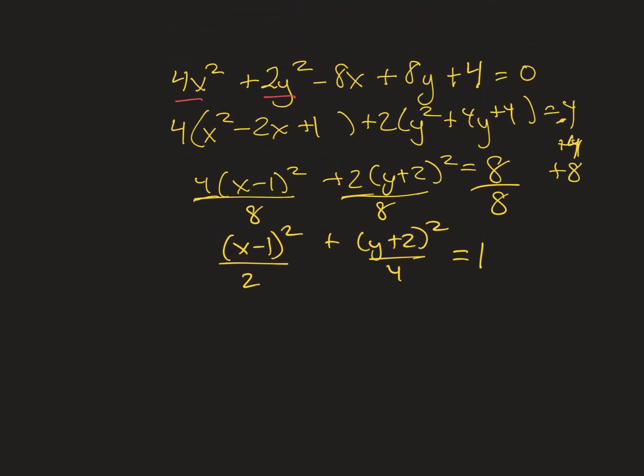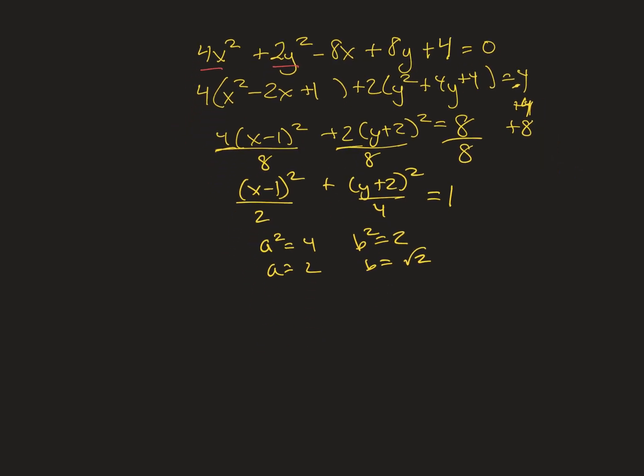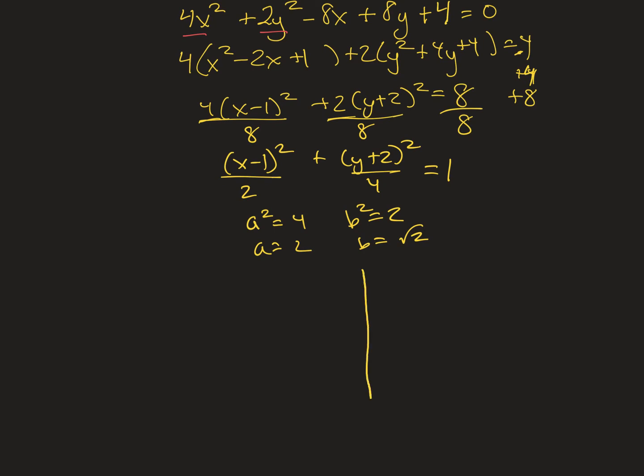And my a squared is 4, and my b squared is 2, meaning my a is 2, and b is plus or minus root 2. And so the bigger number's under the y, so it will have a vertical major axis. And the center is at (1, 2). So I've got my center there.